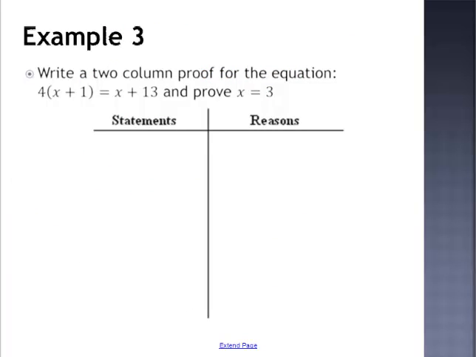We have one last example. Try it on your own before I do it, and then we'll check our answer. All right, start with your given. I need to distribute.